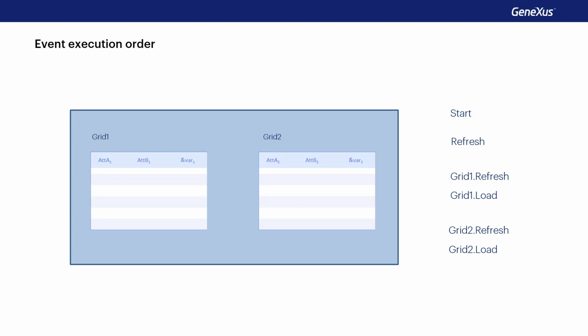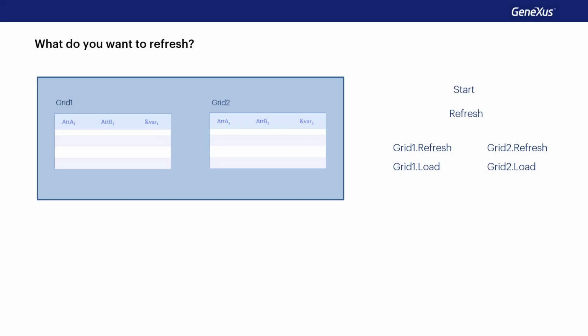Since there is more than one grid, the refresh command must also be specialized to indicate which grid you want to refresh. The generic refresh command, the one we had seen when we used it in the attractions CF panel, causes the generic refresh event to be executed, as well as the refresh and load event of each grid, that is, everything but start.